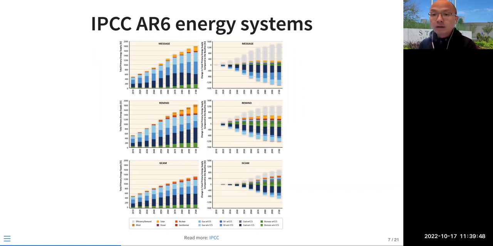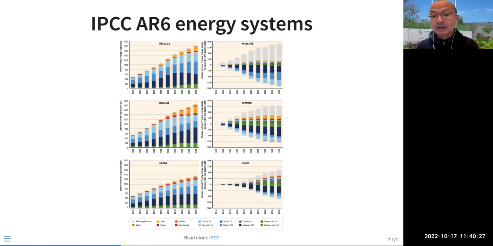But those models generate results. On the left side is the baseline from 2000 to the end of the century, basically continuing business as usual. And the right-hand side is the mitigation, or the energy system that can help us to achieve the temperature control goals compared to the baseline.